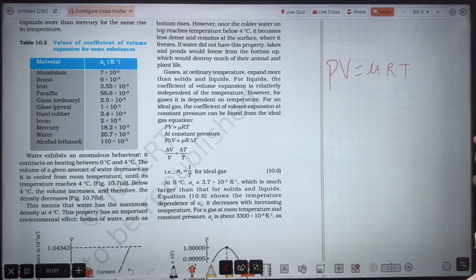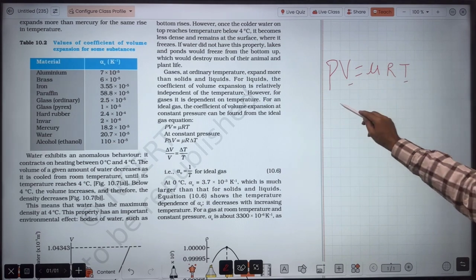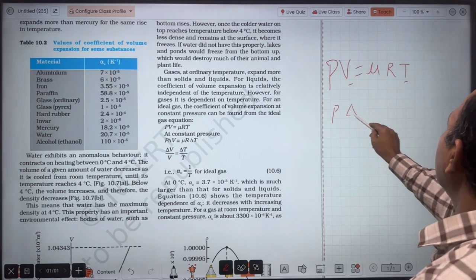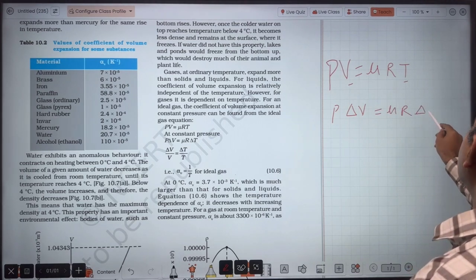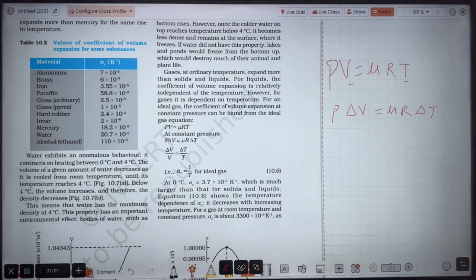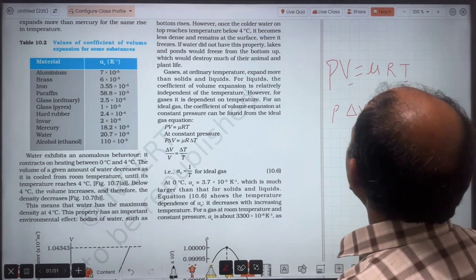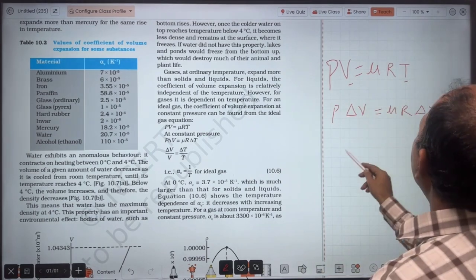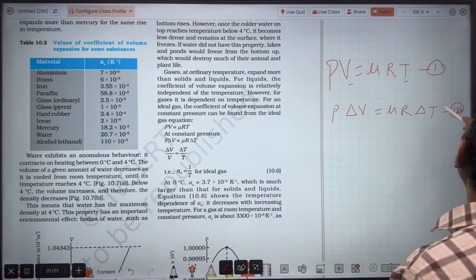Here, if we differentiate, assuming that P, mu and R are constant, only these two quantities can change. So we write P delta V equal to mu R times delta T. Our concern is to find delta V upon V. This is equation number 1, this is equation number 2.